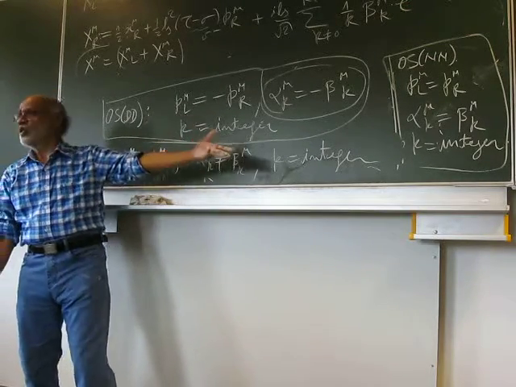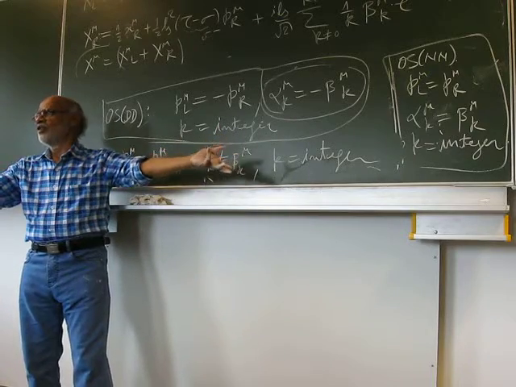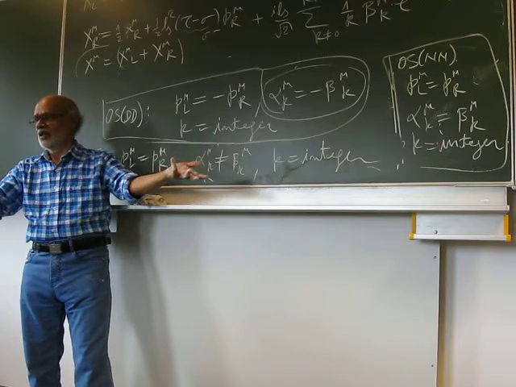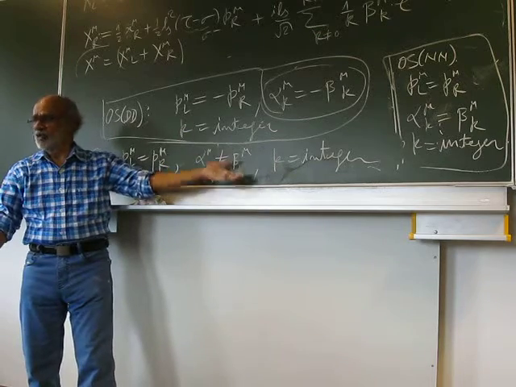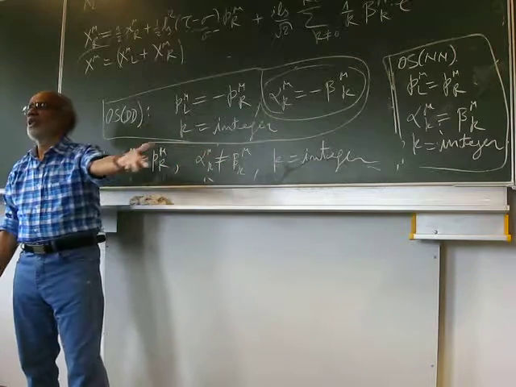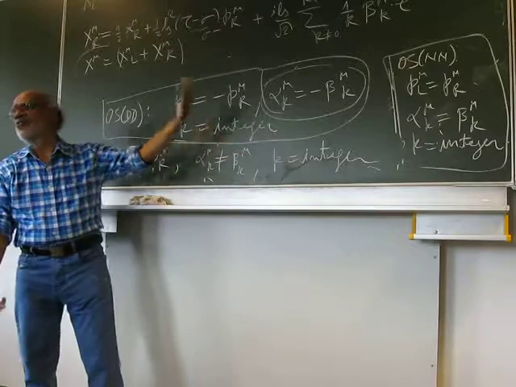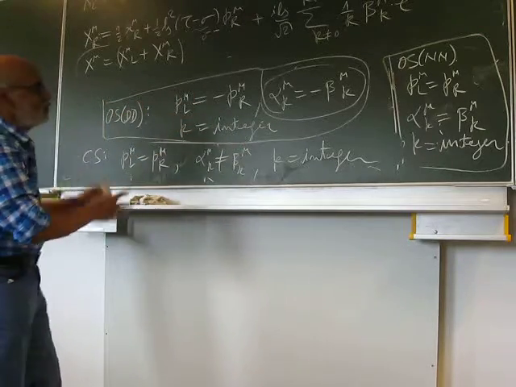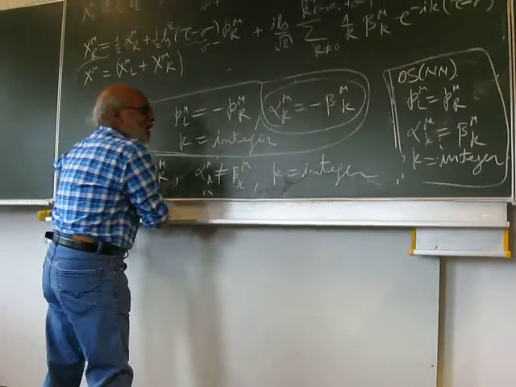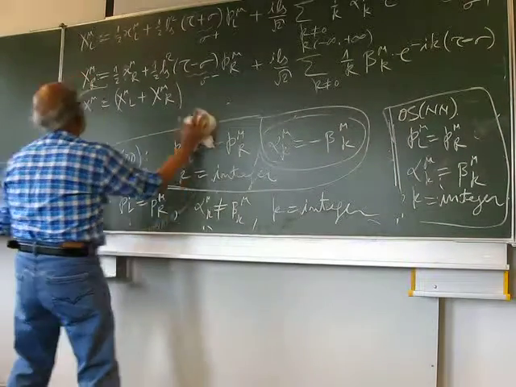When we talk about closed strings, we consider both the modes, alpha and beta, for everything. So if you want to write down commutation relations for them, you write down for alphas as well as for betas. In open string, it's enough to write for one and the other one follows.